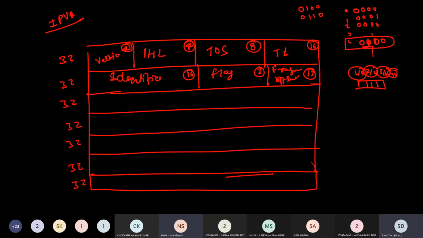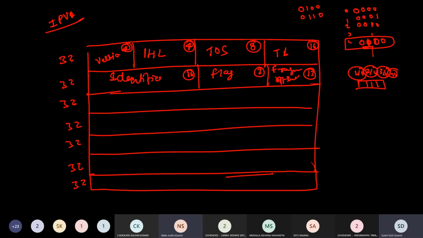So this fragmentation offset tells the router whether you can do the segmentation again or not. If there is some critical information which is not allowed further segmentation, the offset value tells the router whether you are allowed to segment further or not. Let's suppose the router is not able to put that data onto the transmission line without segmentation.